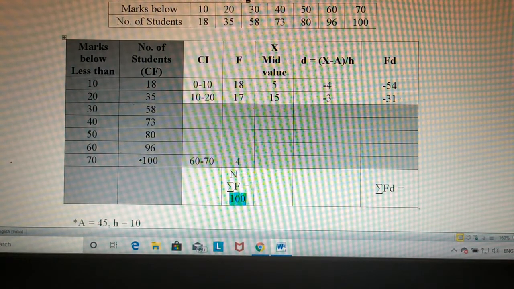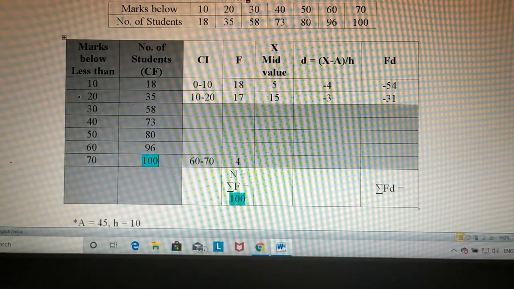Why? Because the last value of cumulative frequency is equal to the total value of frequency, or we call it n. This is called cumulative frequency because if we see the frequency values, 17 plus 18 is 35. It means that it is cumulative of all the values.